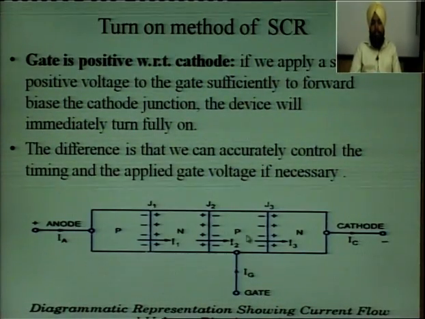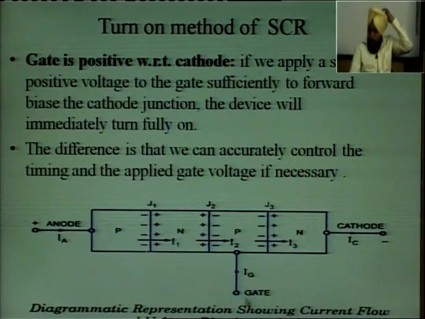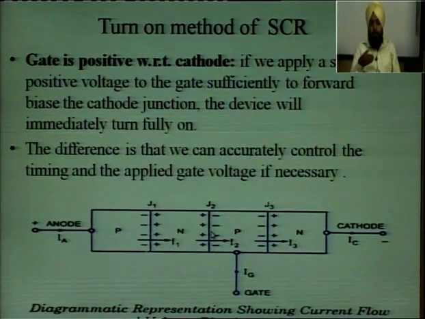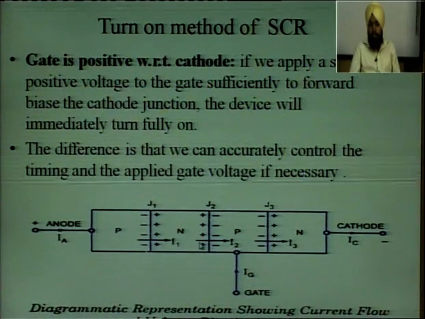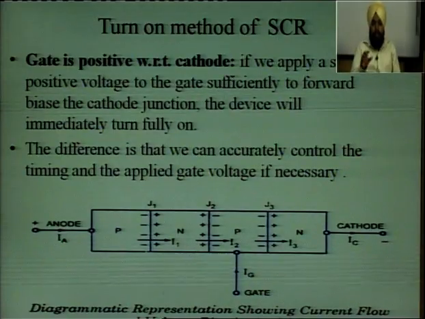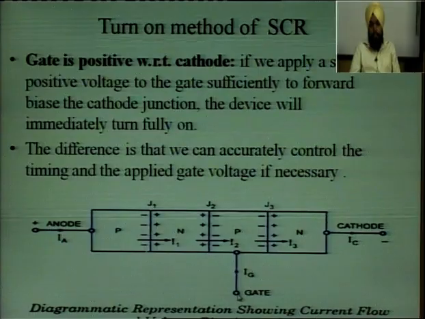what will happen then when the gate current starts flowing is that the value of forward breakover voltage will reduce. That is, the voltage level at which current starts crossing junction J2 will decrease when we apply the gate pulse over the gate terminal.